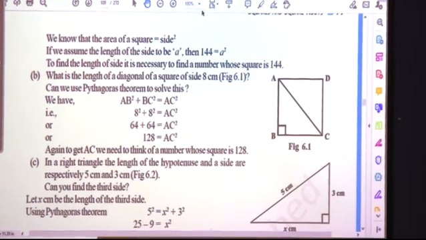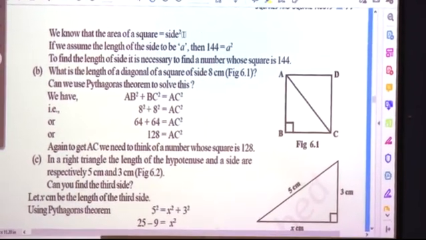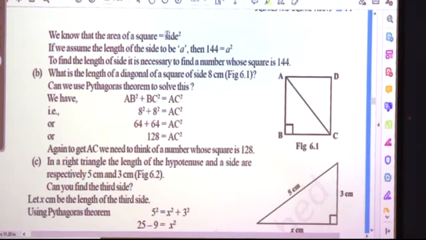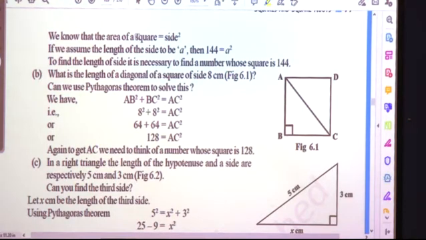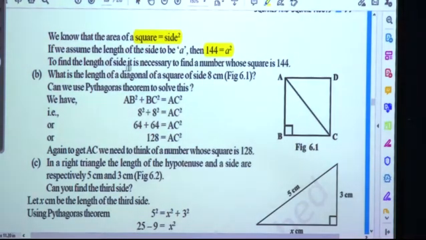If we assume the length of the side to be A, then 144 is equal to A square. To find the length of side, it is necessary to find a number whose square is 144.